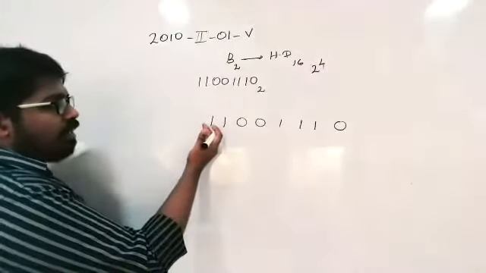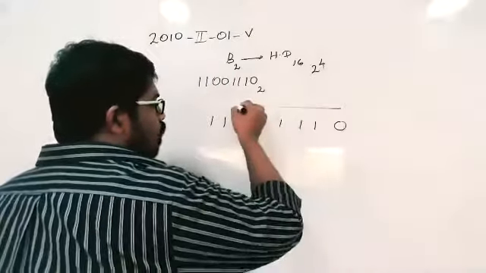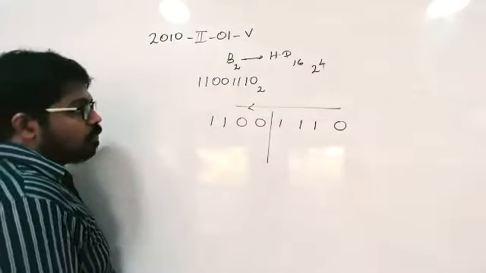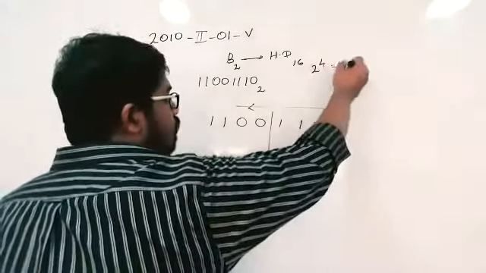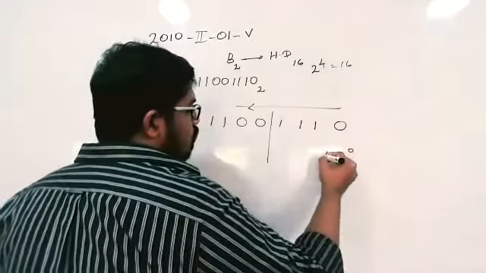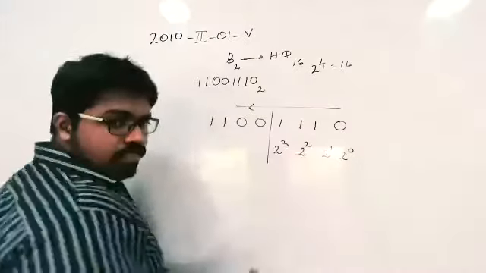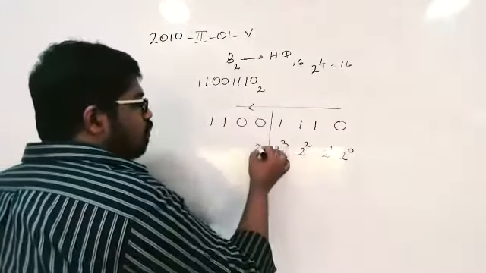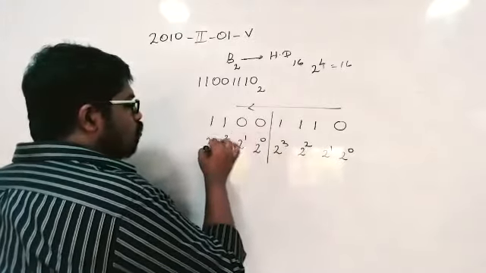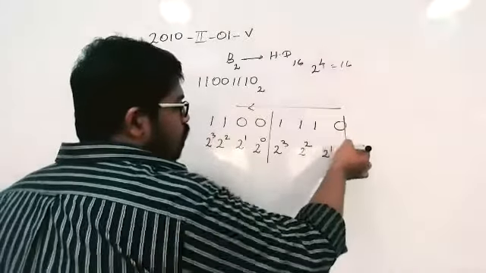When you convert the binary number into hexadecimal number, you have to do the grouping from right to left as 4 digit groups, right? This is 2 to the power 4, which is 16. Then you have to multiply it by 2 to the powers: 2 to the power 0, 2 to the power 1, 2 to the power 2, 2 to the power 3. Right? We can remove this one.